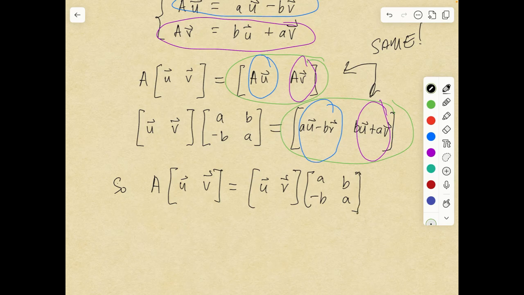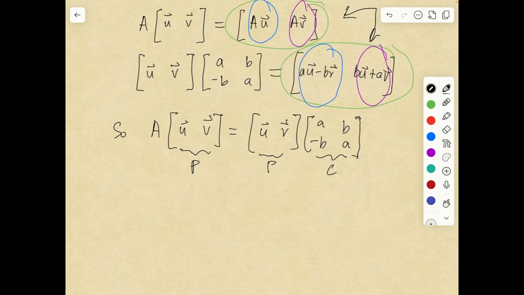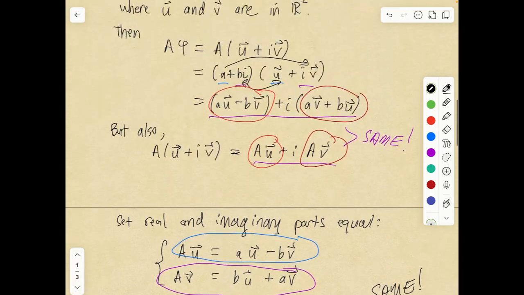And now I think you can see where the final ingredient is. You call this matrix P, that's your C, and now you multiply on the right by P inverse.